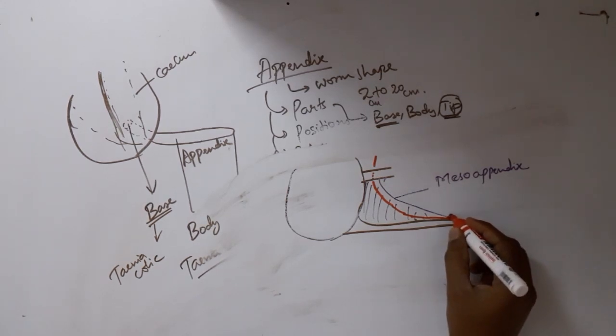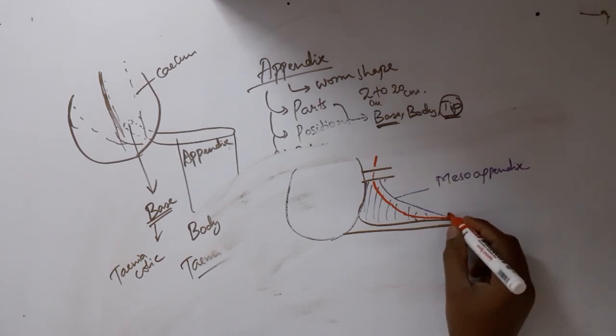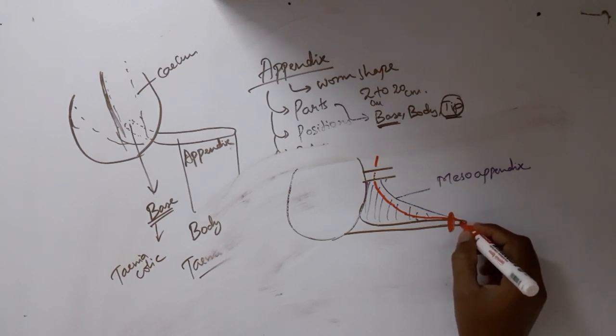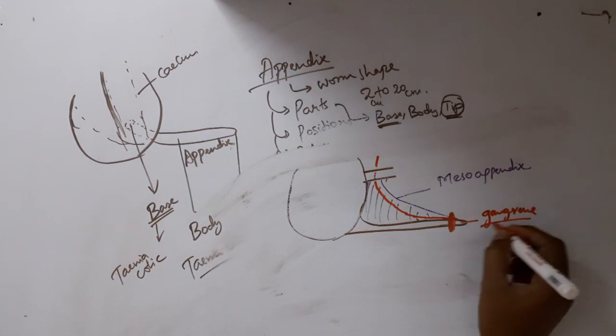If there is any perforation in this region, there are chances of the appendicular artery getting thrombosed, and the part distal to that thrombosis gets into a condition called gangrene.